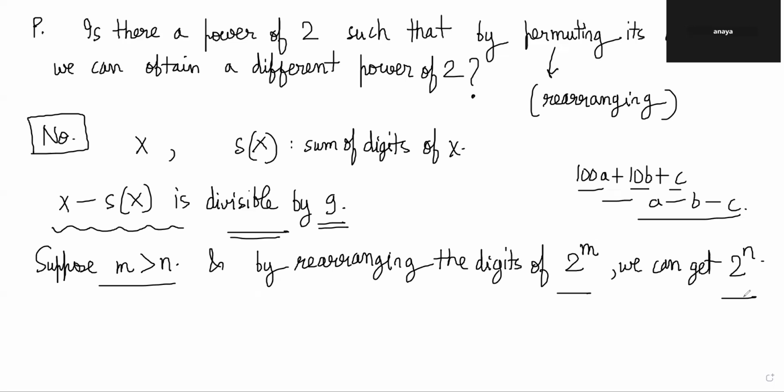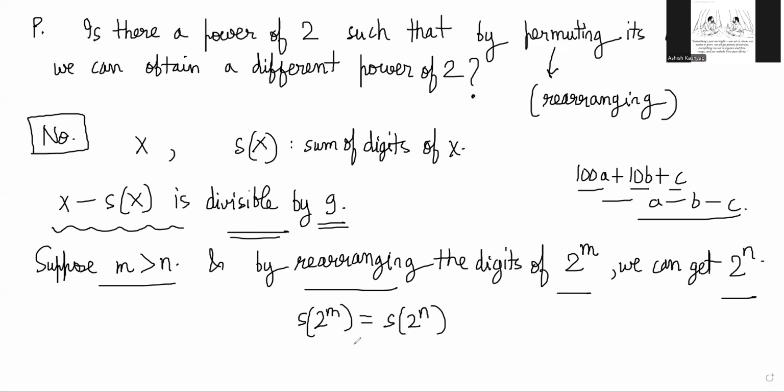So obviously, since we have just rearranged the digits, s of 2 power m is the same as s of 2 power n. The digits are the same, we are just rearranging them.